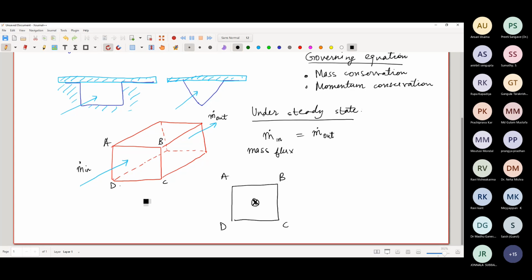Or if I look at the isometric view, flow is going like this. So if someone were to say, what is the flux of velocity?